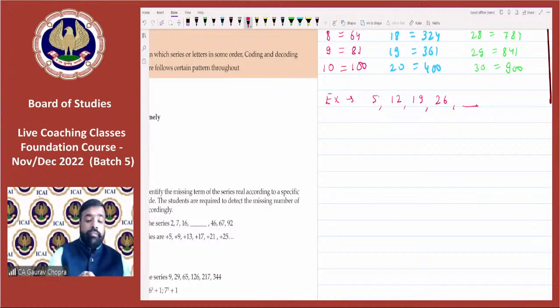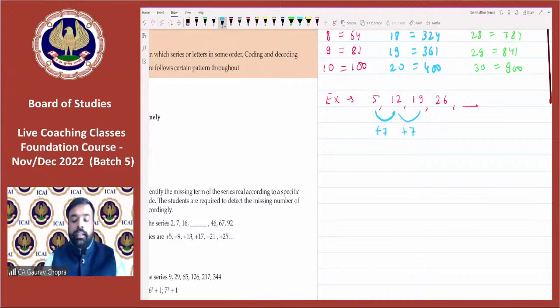So here we have to see what is the logic we are able to get here. From 5 to 12, it is plus 7. 12 to 19 plus 7. 19 to 26 is also plus 7. That means the next number will be 26 plus 7, that is 33. So 33 will become the next number. Okay.